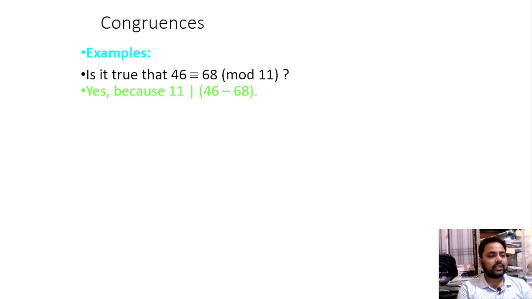So here we can say that 46 is congruent to 68 modulo 11, because here the difference of 46 and 68 will be 22, and 22 is divisible by 11, so 11 divides 46 minus 68. So this is true for 46 is congruent to 68 modulo 11.